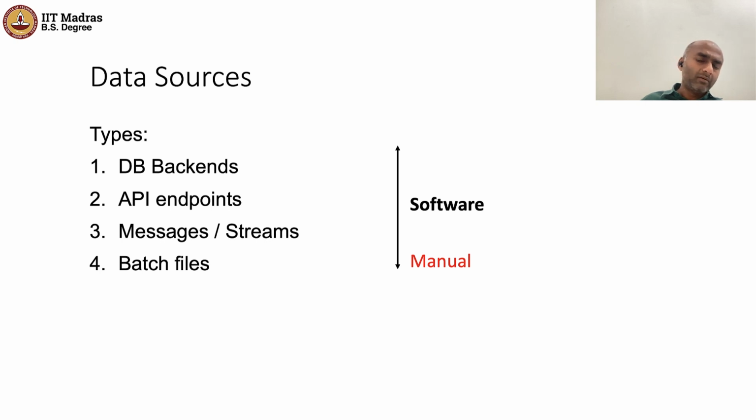What about manual though? I would think that manual is actually something that is dwindling as an origin of data. It's still present in some verticals, some sectors like manufacturing, as an example, where somebody's physically going and auditing a piece of equipment on the factory floor.